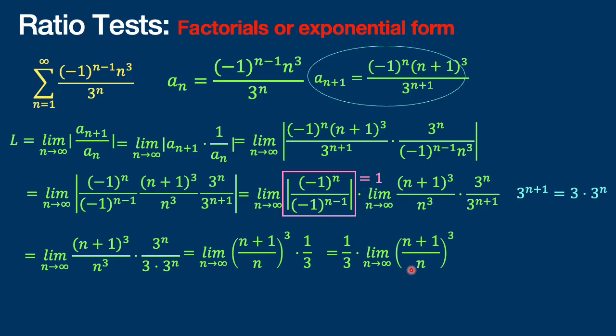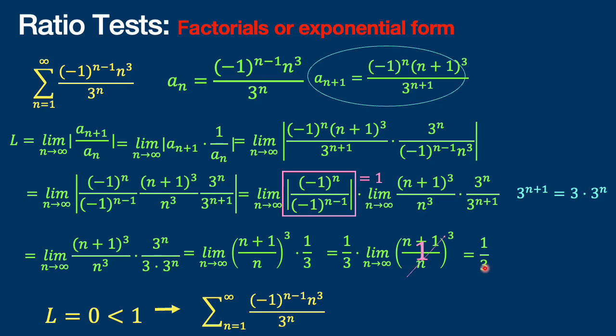We want to find the limit of (n+1)/n, cubed. The limit can go inside the cube. That's going to be 1. So you have 1 over 3. The limit of the ratio is 1 over 3, which is less than 1. So the ratio test tells you this alternating series is going to converge absolutely.